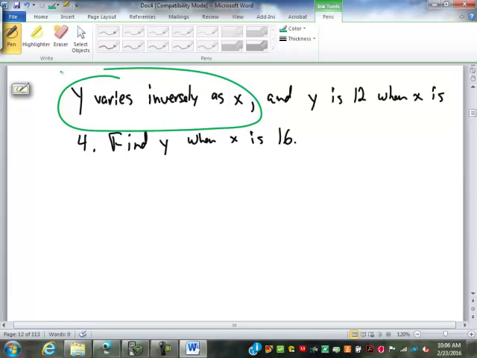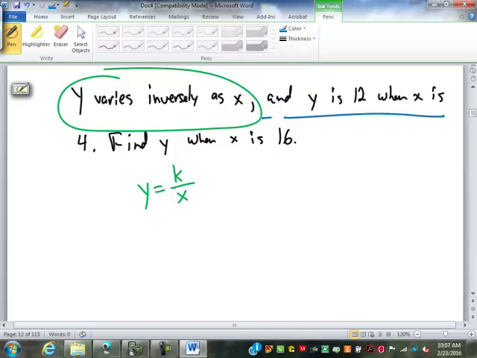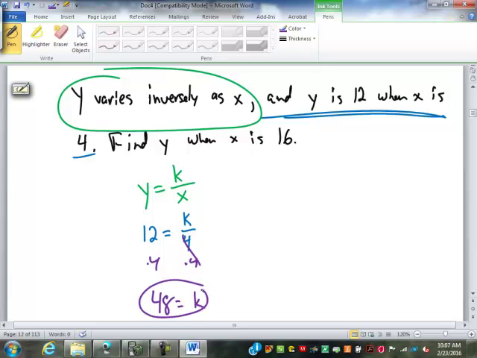So we're going to start out here with this first piece. Y varies inversely with x. What's that tell us? Y equals k divided by x. Next piece, k over x, yes. Y is 12 when x is 4 tells us 12 equals k over 4, and then multiply by 4 to get rid of that 4 gives us 48 equals k.